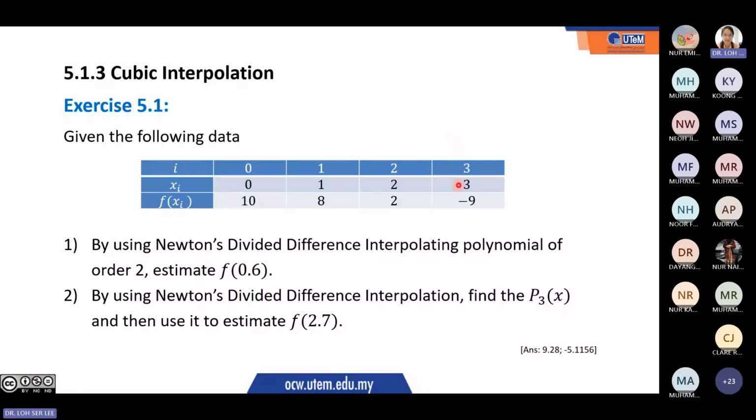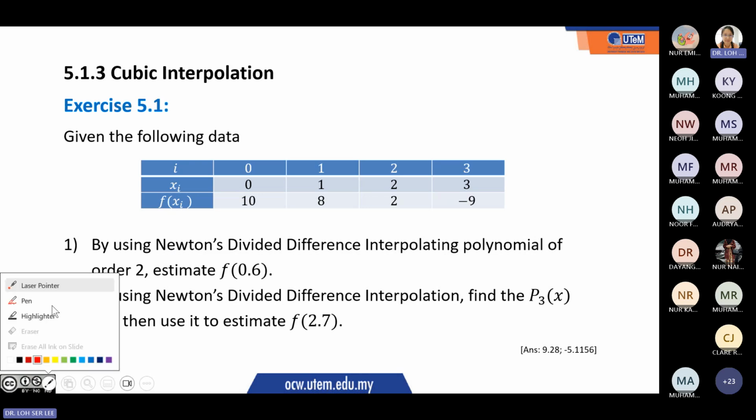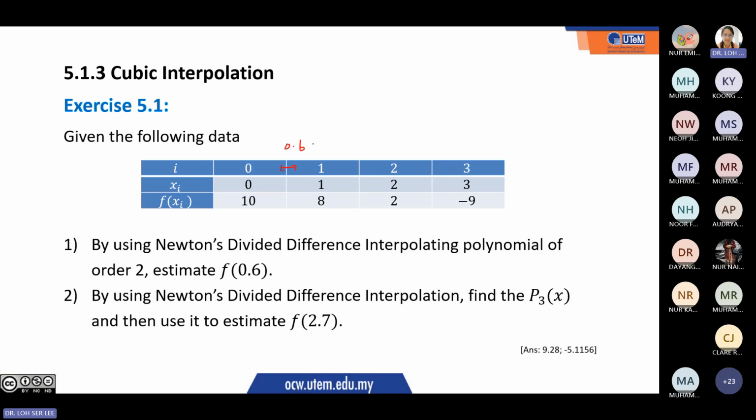Which 3 points do we have to choose? You look at the value that you need to estimate, 0.6. Where is the 0.6? 0.6 is in between here, right? So we will take the first 3 set of points for question number 1.